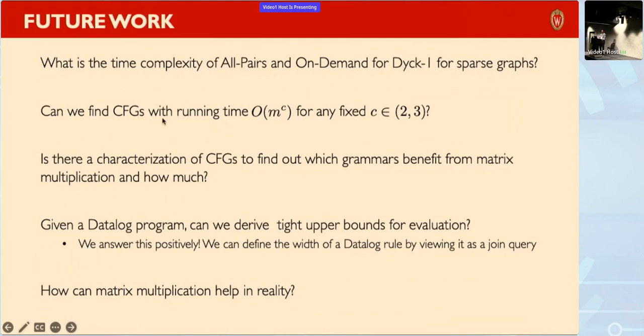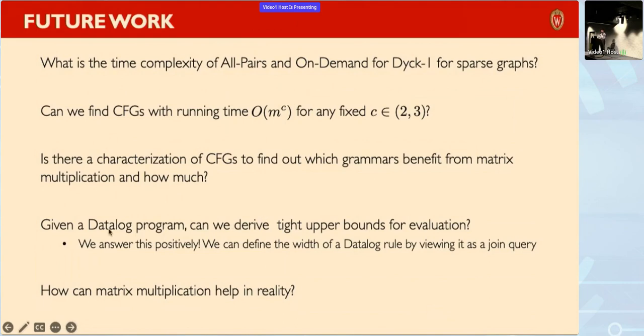The second interesting problem: in this paper, we had another example of a CFG where you have a running time which is between quadratic and cubic. So it seems like there is something more happening here. Can we characterize what this class of CFGs is? Is there a rewriting to a different class? And in the same spirit, can we find out which particular CFGs benefit from matrix multiplication and by how much?